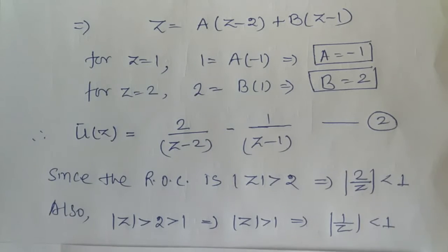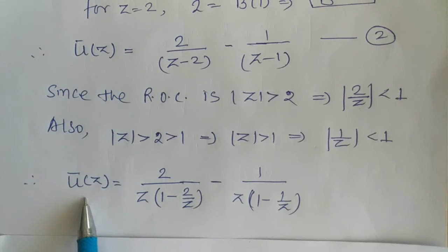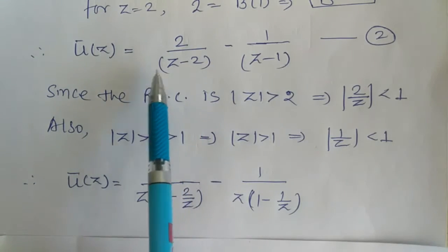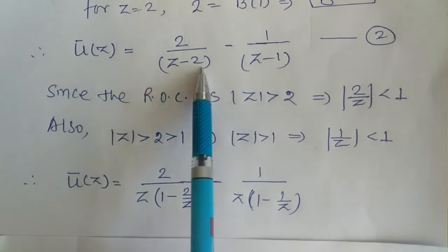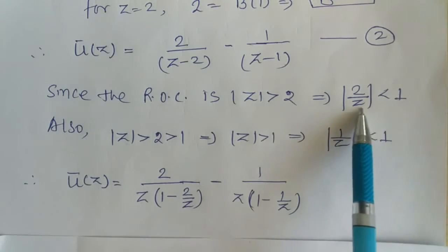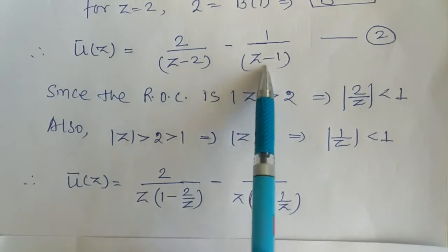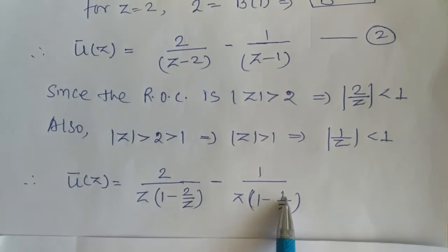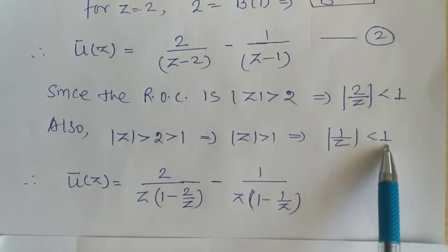So we write U bar Z equal to 2 upon Z into 1 minus 2 by Z, because mod 2 by Z is less than 1, and minus 1 upon Z into 1 minus 1 by Z, because mod 1 by Z is less than 1.